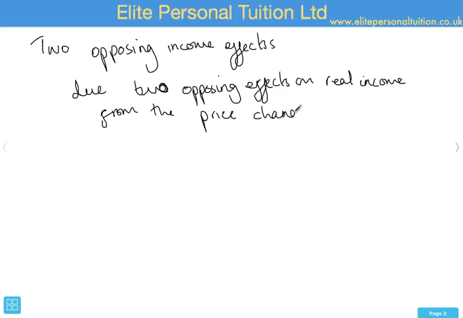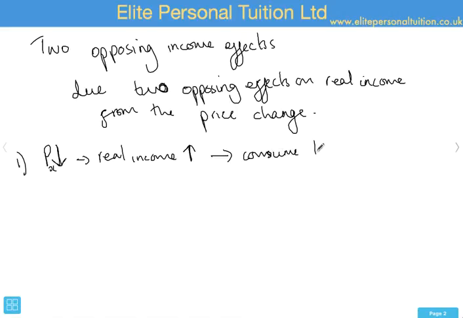Because on the one hand, the first income effect is when the price of the good goes down, then we normally argue that your real income increases, leading you to consume less inferior goods, and therefore buy less potatoes.